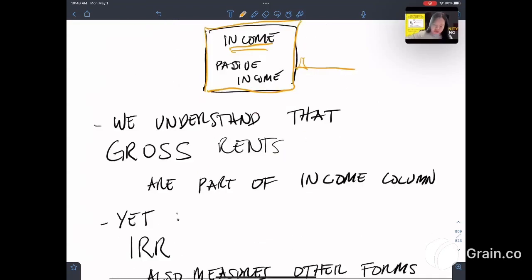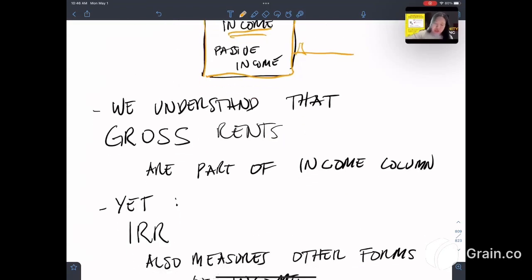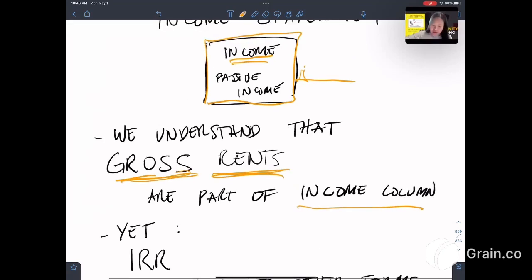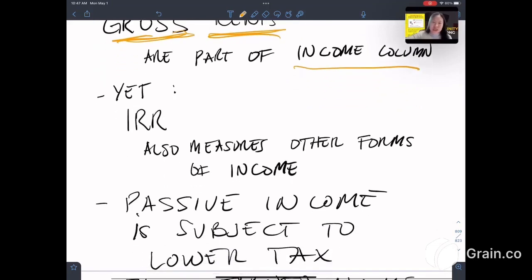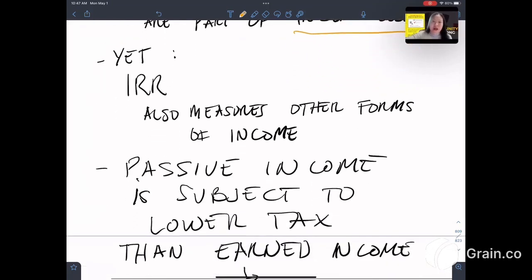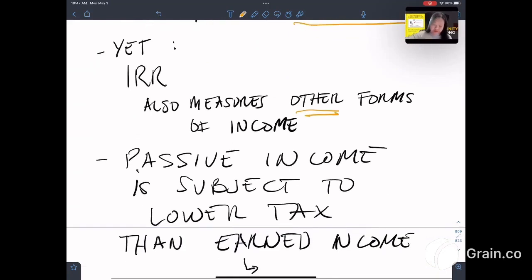For internal rate of return, we understand that the gross rents, meaning all the rents without any deduction of our expenses, they're all gross first. Gross rents are part of the income column. Yet, internal rate of return, or IRR, also measures other forms of income.